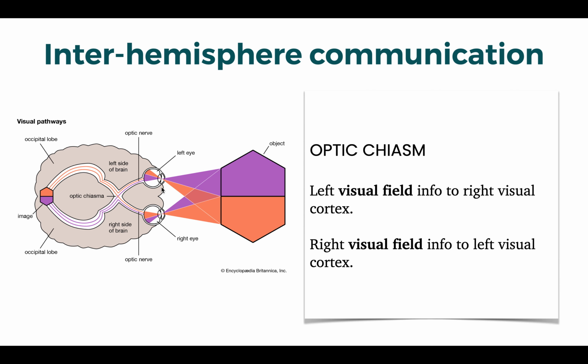It's not about information from the left or right eye, it's about visual field. Your left visual field is going to be information coming from the left side of both eyes, and your right visual field is the same: the right side of both eyes forms your right visual field. That information is passed back to the optic chiasm, and then it's parsed out. So all the right visual field information goes here, and all the left visual field information goes here.